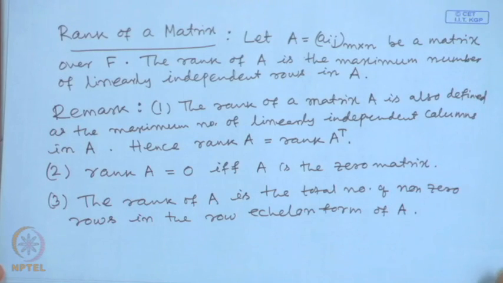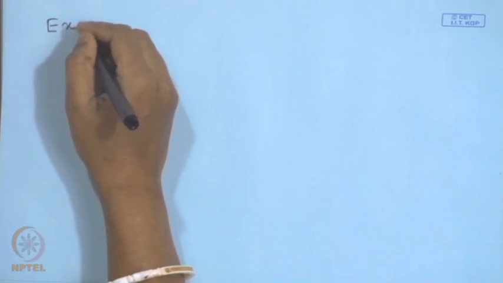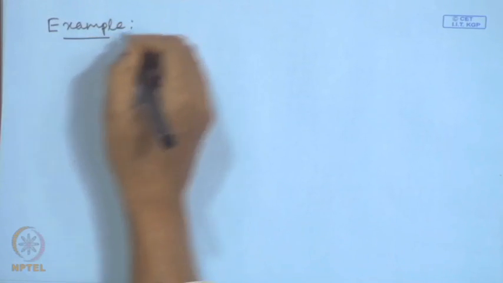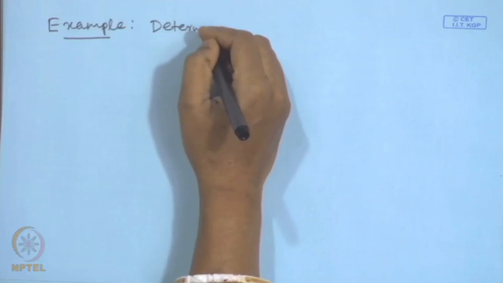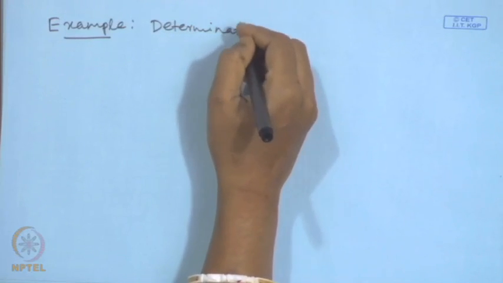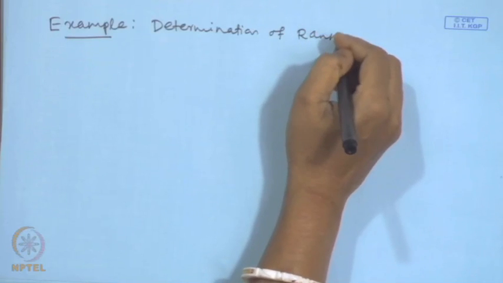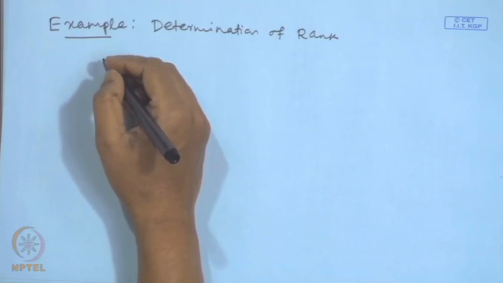So, let us see one example that determines the rank of a matrix. The example is like this: determination of rank. So, consider this matrix.